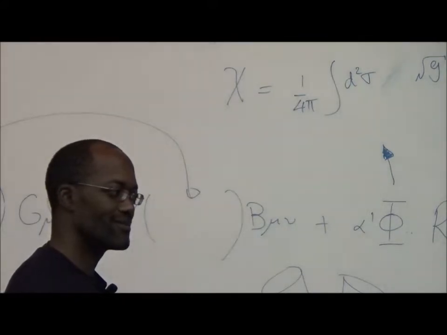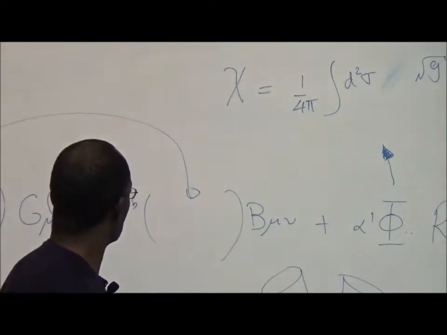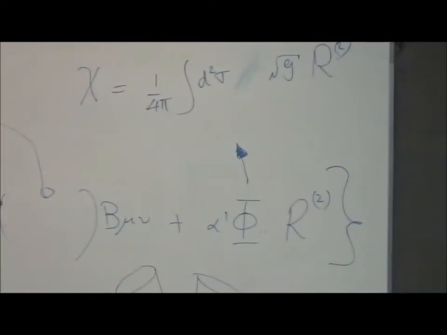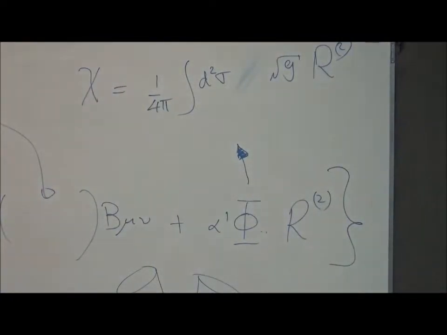If you do the Euler-Lagrange for the dilaton field, you get R equals 0. Even if Phi is not a dynamical field, your fields are X.